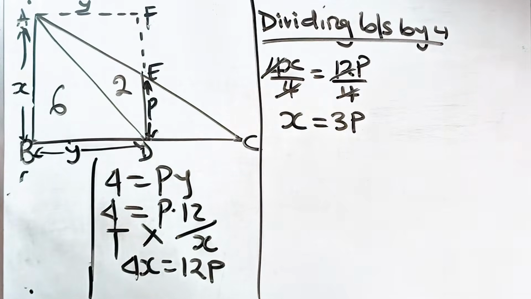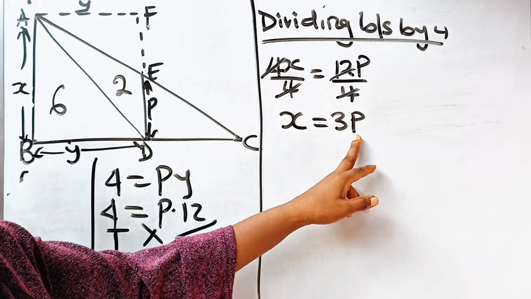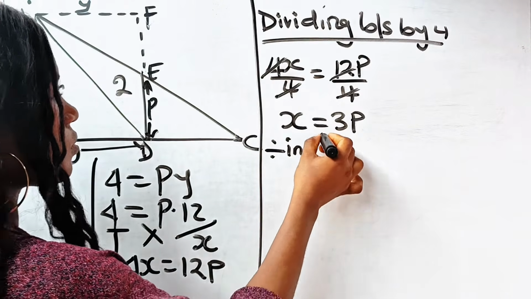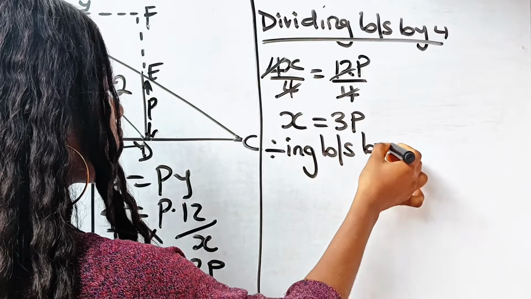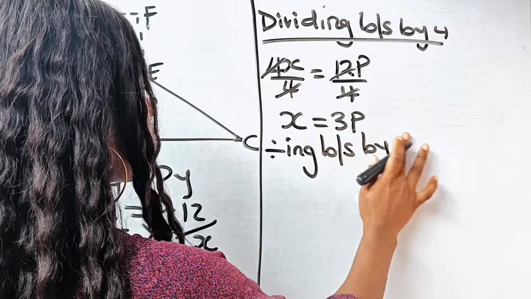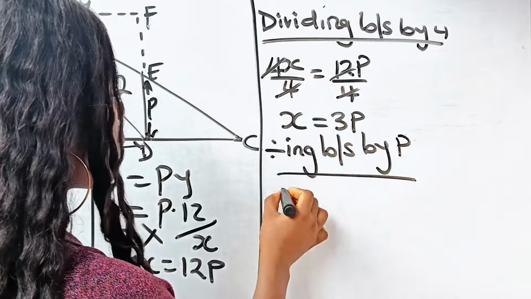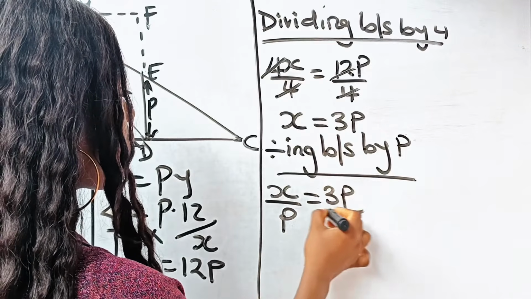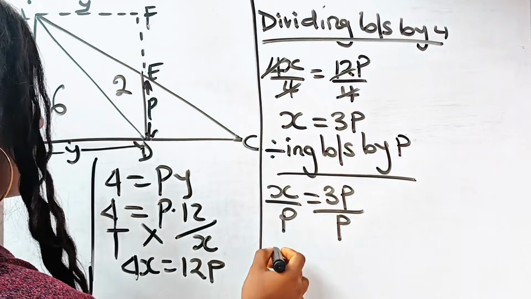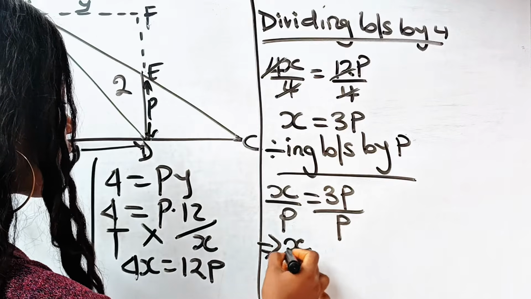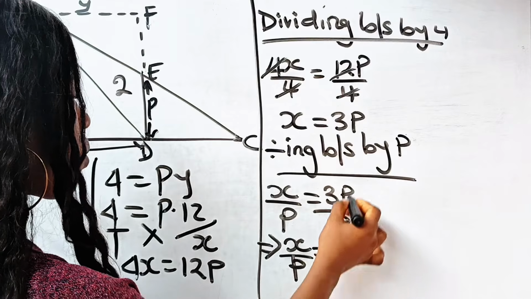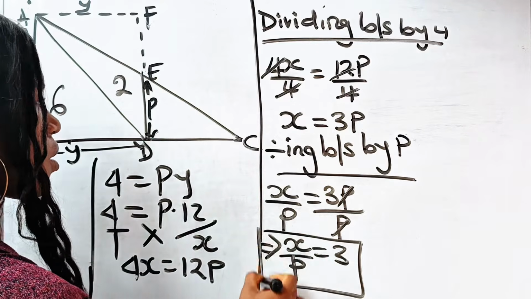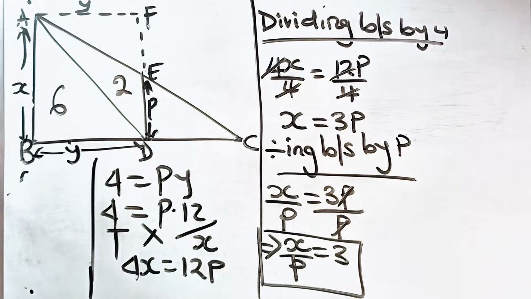Now let's get a ratio of x over p. We will have x over p is equal to 3p over p, so x over p is equal to 3. We're going to keep this aside. This is very important.